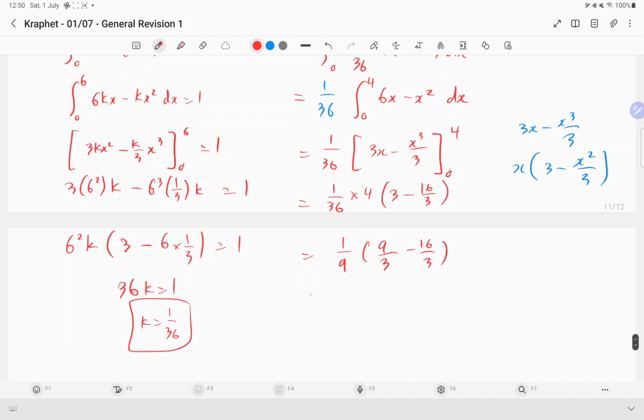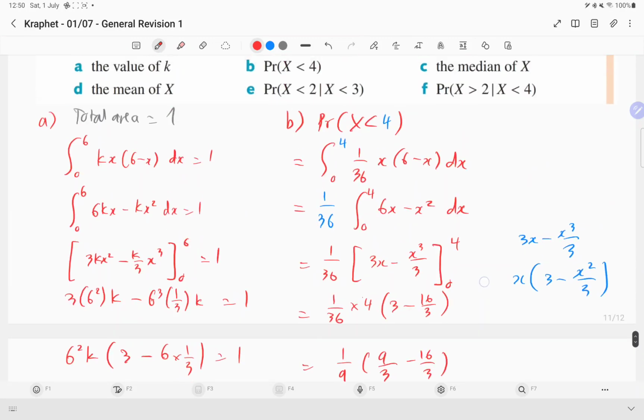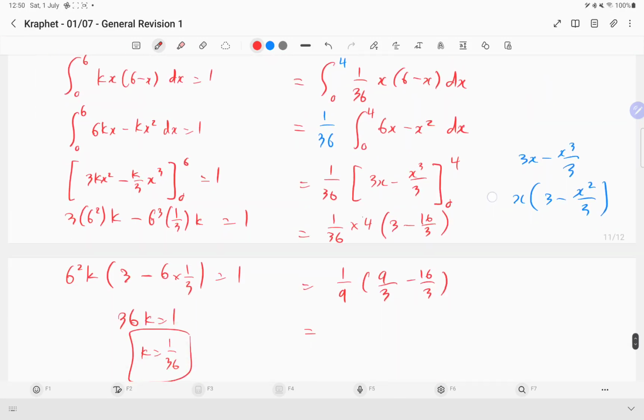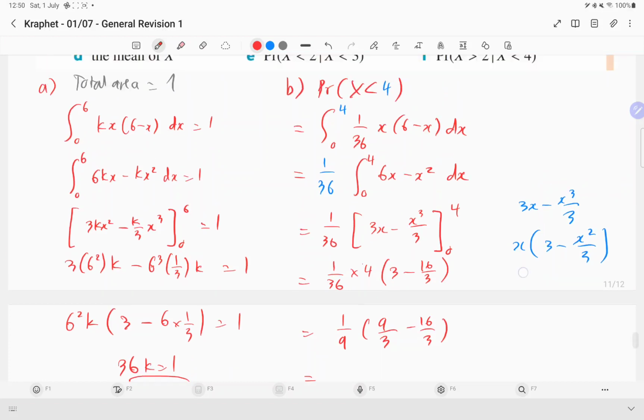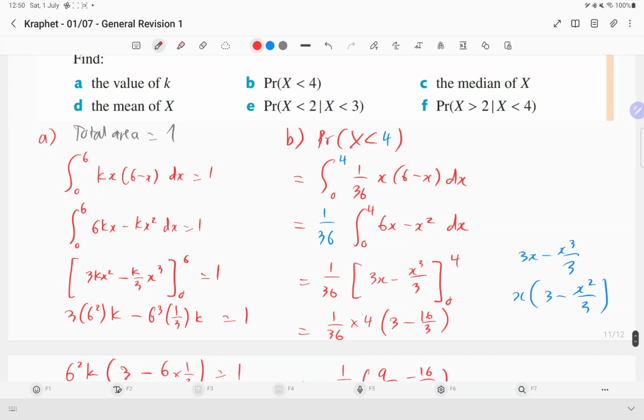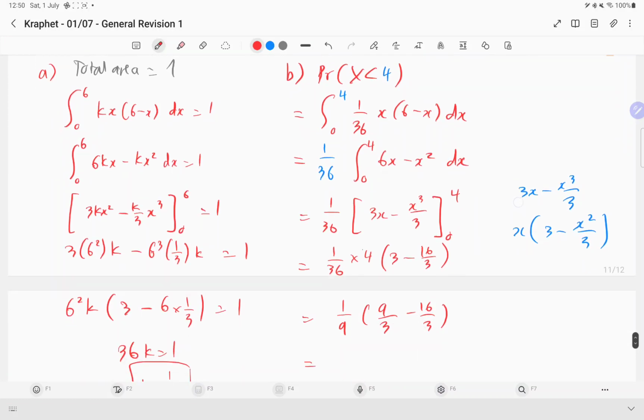So that would be, wait, negative? That shouldn't be negative. Hang on, let me see. 6x minus x squared, x cubed over 3. Oh, sorry, this will be x squared. Yeah, 3x squared, my bad. So you actually take out x squared.